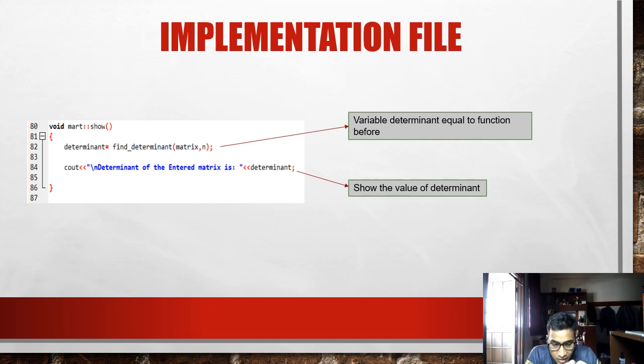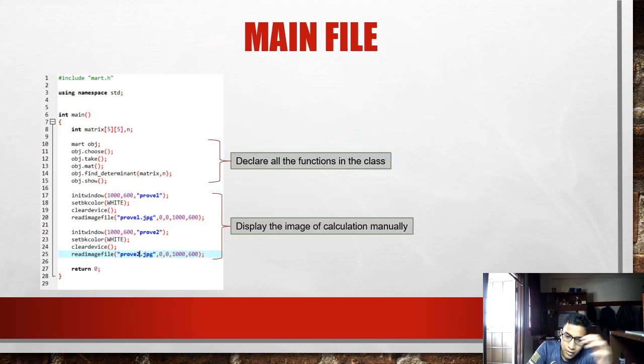Then I cout a newline, one space, one line. Then "determinant of entered matrix is" and the determinant. I just show the value of the determinant. So this is my main file, in main. I include mat.h.